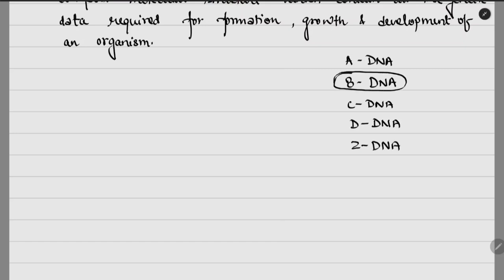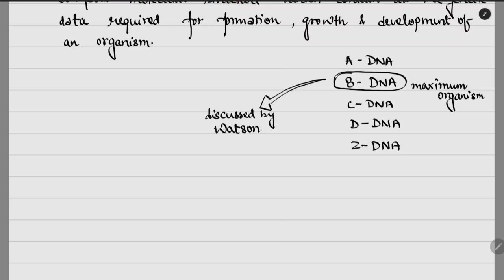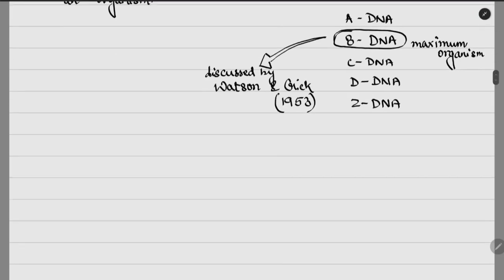The B type DNA is present in maximum organisms. This structure of DNA was discussed by Watson and Crick in 1953 in their famous model. So we are discussing this structure now.